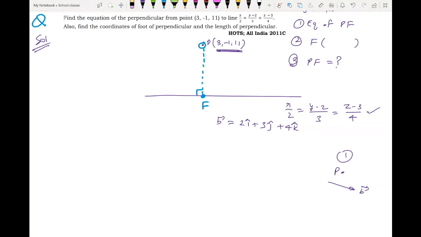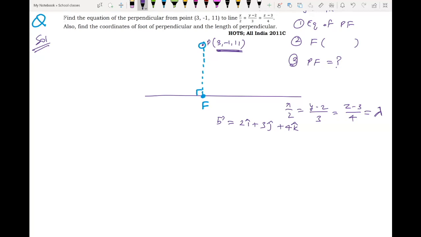Yes, beta. Sir, F would be 0, 2, and 3. Let us see. Okay, just wait a minute. See, beta, what we can do here, this line is given which is equal to lambda. Let's say they all are equal to lambda.